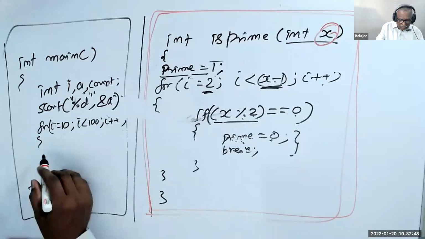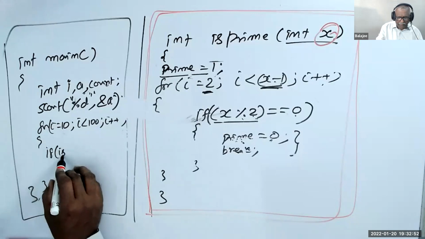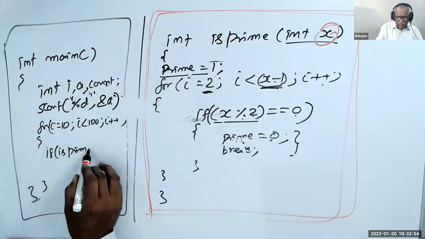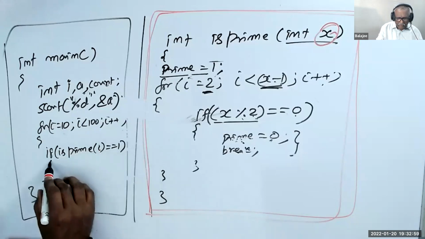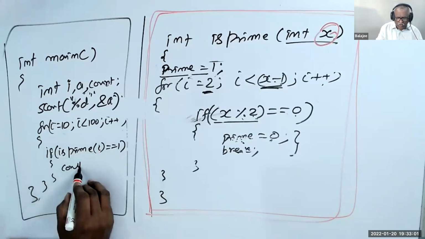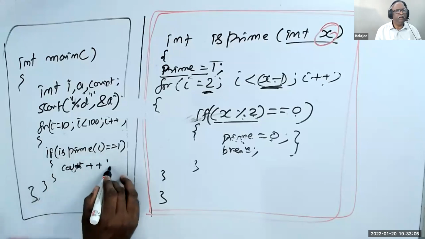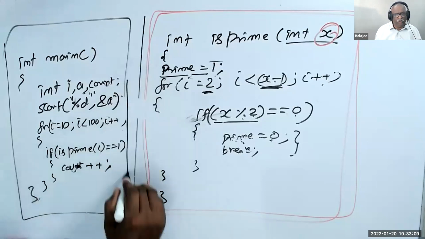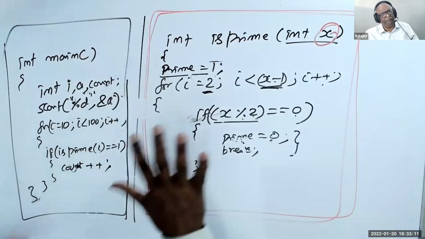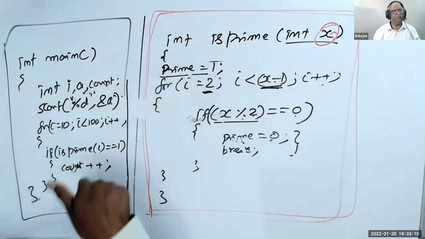Okay, now I'll call the function: if isprime of i equal to 1, then count plus plus, I increment the count. See here, I declare these two differently. I define isprime as a separate function. Any range you can write this program.